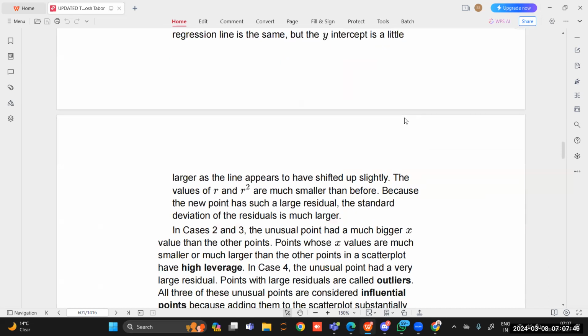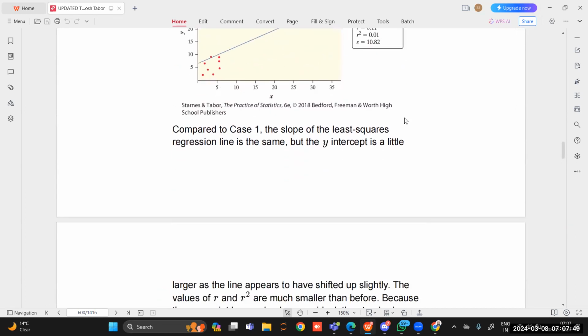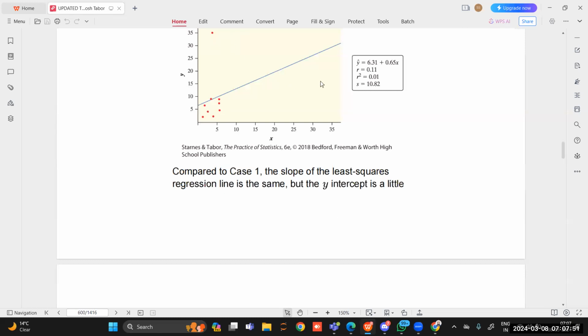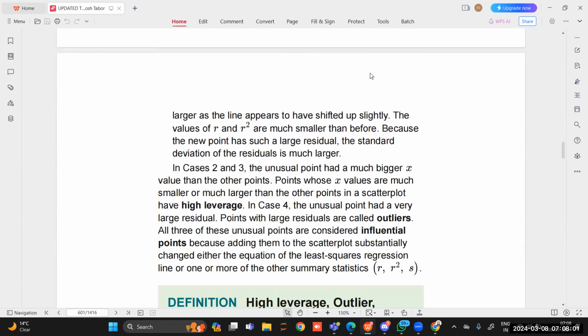The values of r and r squared are much smaller than before. As we have added this point here, the value of r here is the smallest in the positive sense. The smallest overall is in the negative, but in the positive it is the smallest. They are much smaller because the new point has such a large residual. The standard deviation of the residuals is much larger.